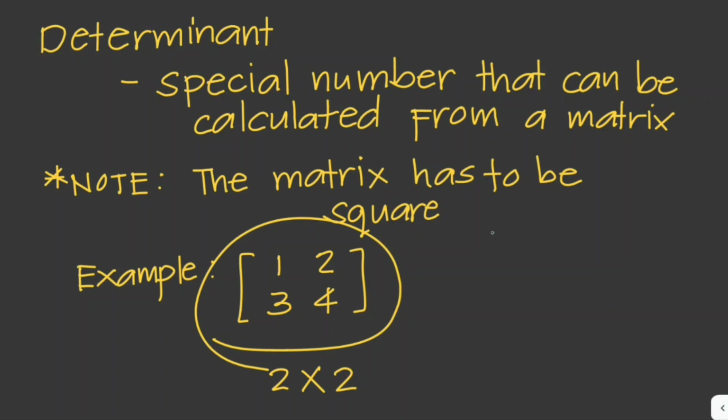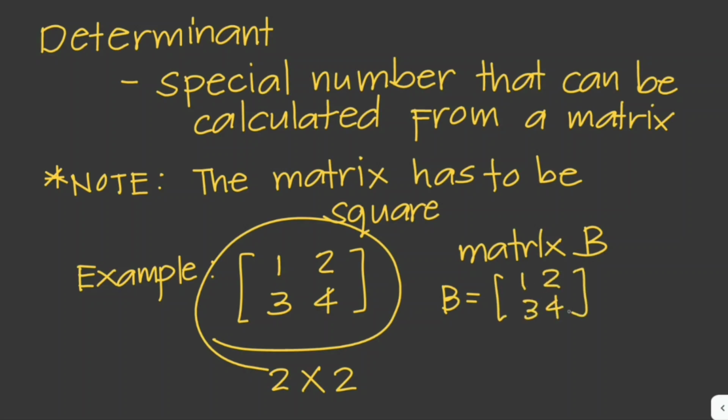Say, for example, we're given matrix B. Let's say B is this one. So the symbol for determinant would be this one.